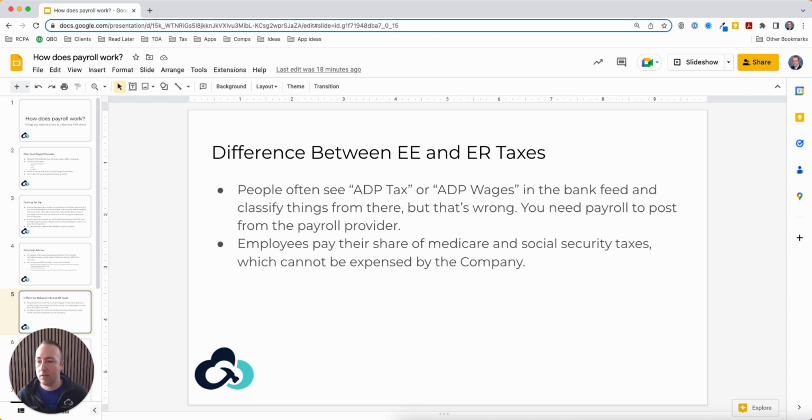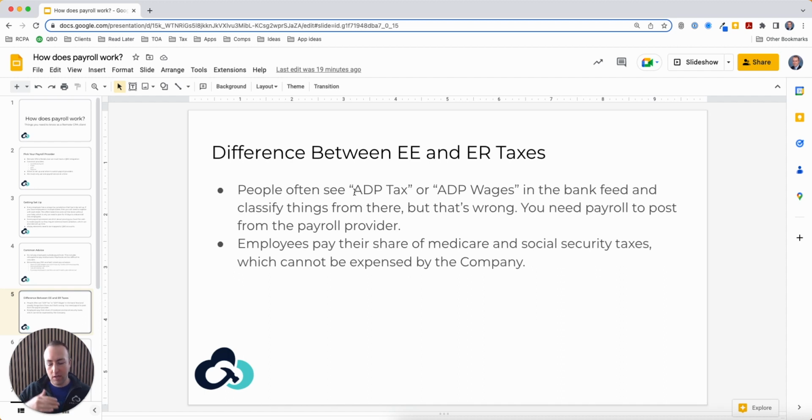And then they will see these entries in their bank feed where it says ADP tax and it has a dollar amount, and then it has ADP wages, and people see that in their bank account and they're like, great, I can classify all of ADP tax. That must be payroll tax expense. Nope, that ADP tax amount includes both the employee and employer portion, and you're not allowed to take a deduction for that employee portion.